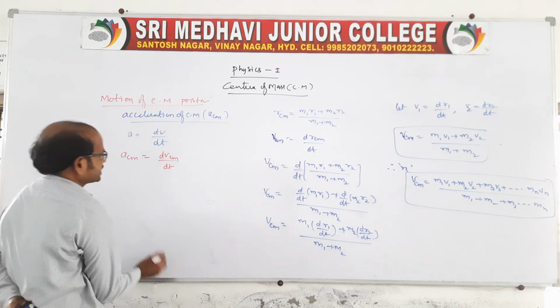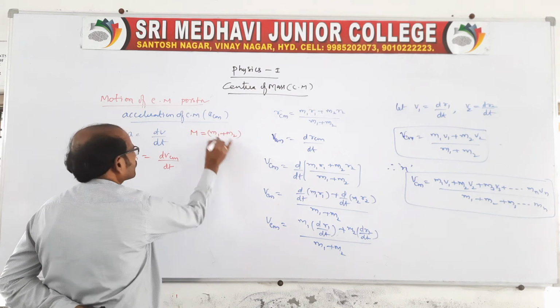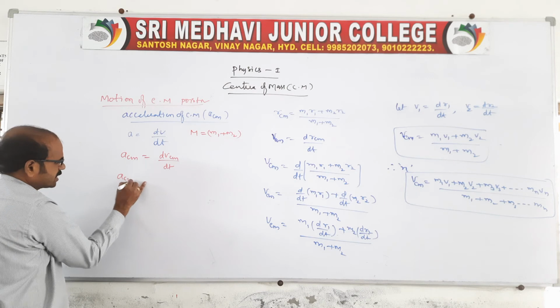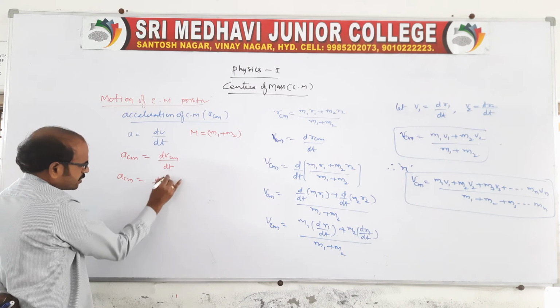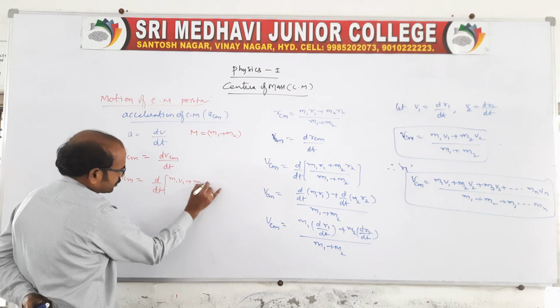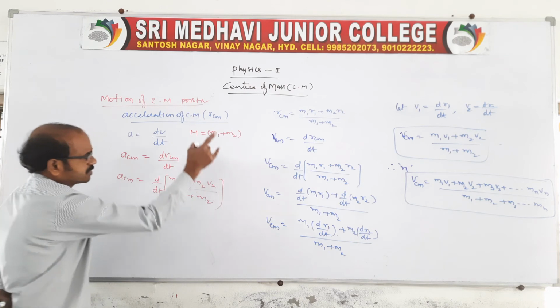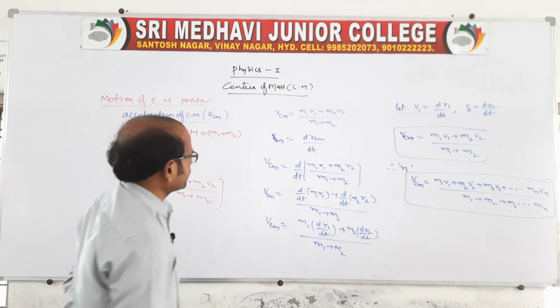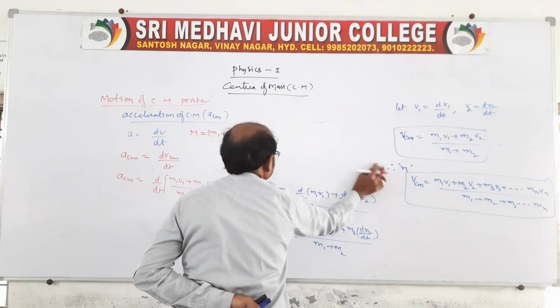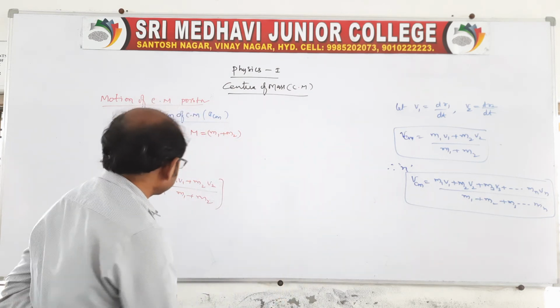So what is VCM? Let us write for the two particle system again. ACM is nothing but d by dt of (m1 V1 plus m2 V2) by (m1 plus m2). The method of approach is the same.